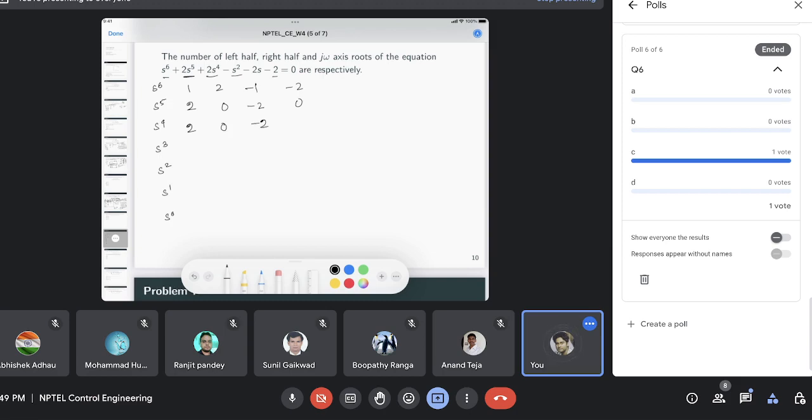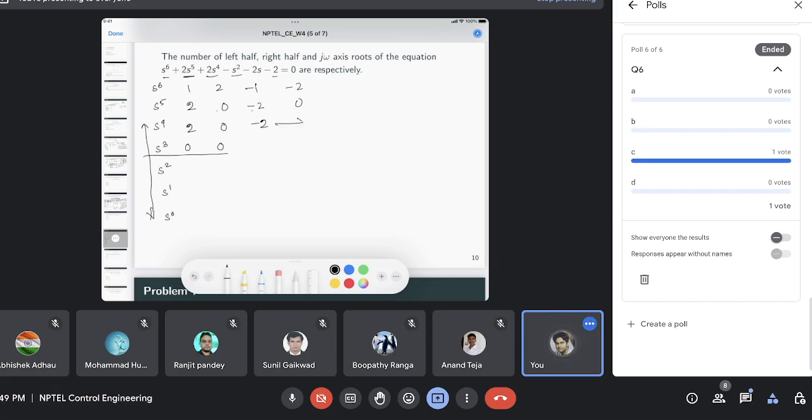Then you have this 0 and 0, so it is 0 and 2 minus 4 plus 4, 0. So you can see a row of 0 in the s3. That means there is an auxiliary polynomial from s4 to s0. The fourth order auxiliary polynomial is there.